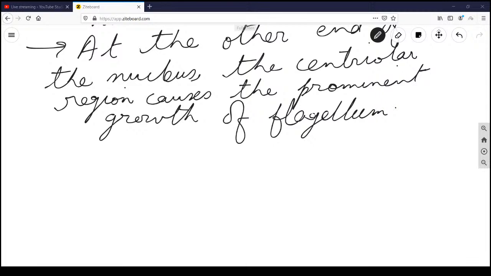Next, the mitochondria get arranged in a spiral around the proximal part of the flagellum. Proximal means near, distal means far away.